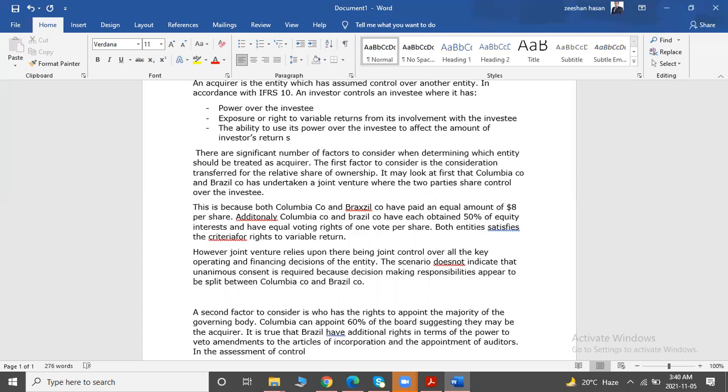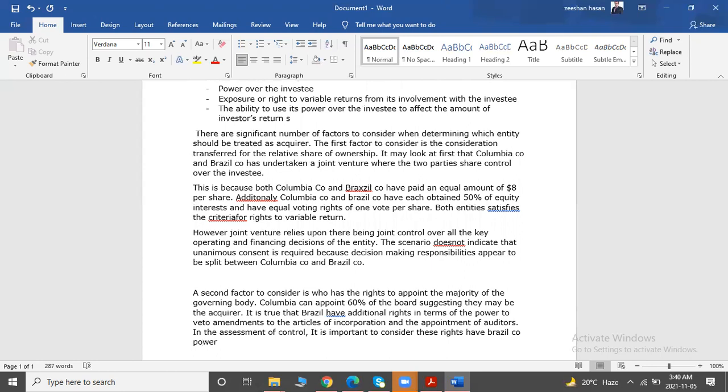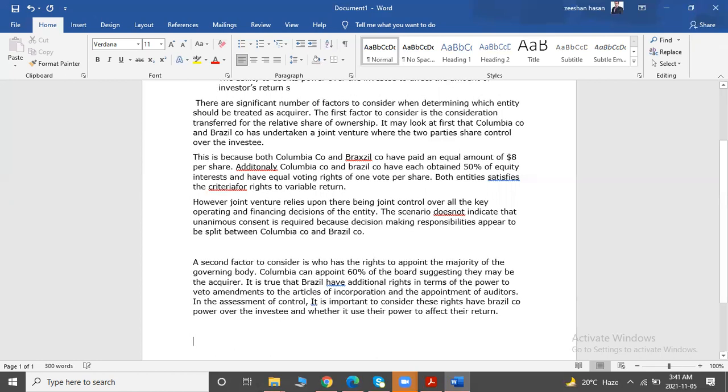In the assessment of control, it is important to consider whether these rights give Brazil Company power over the investee and whether it can use this power to affect its returns.